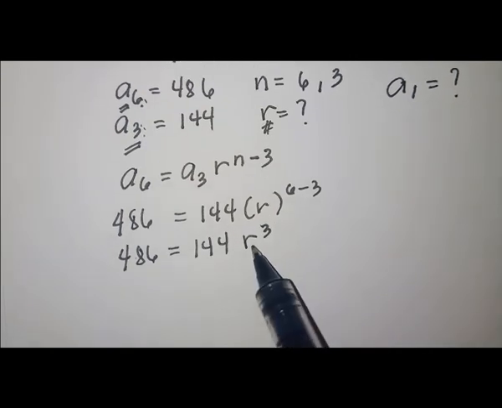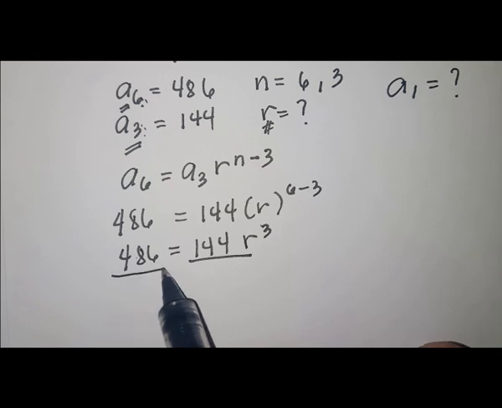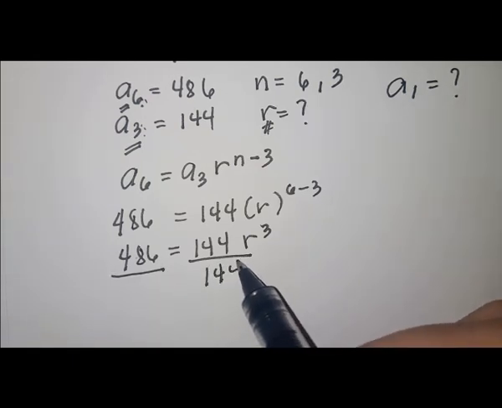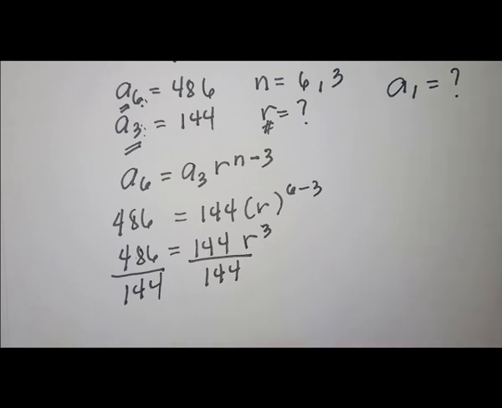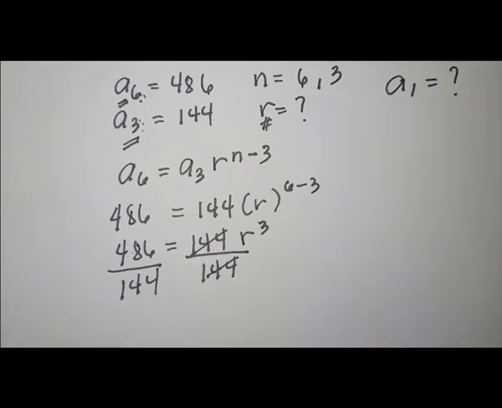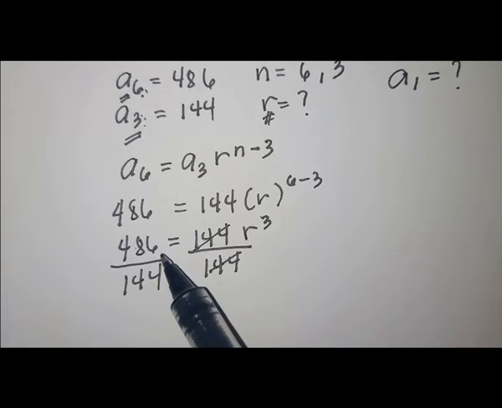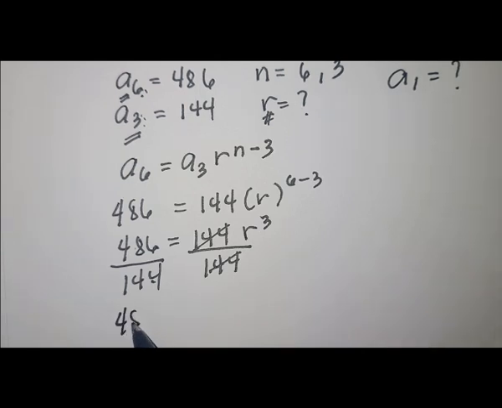Okay? Then, ang kailangan lang natin yung R. So, divide natin both sides by 144. Okay, so 144 divided by 144, magiging 1. Okay, so ngayon naman yung 486 divide 144. Ano ba yung greatest common factor na meron sila? Okay, so 486 and 144 are both divisible by 18.